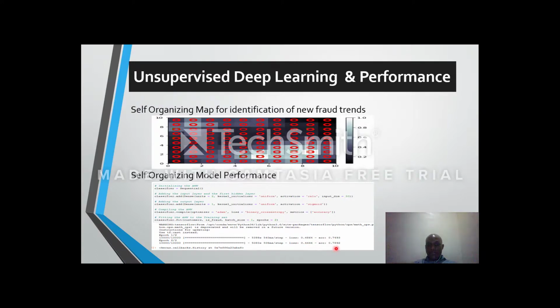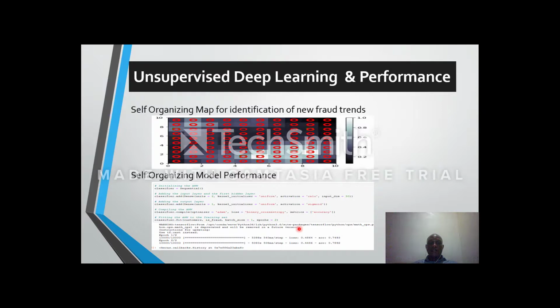And according to the performance of this particular self-organizing map, at the initial trend of 2 epochs and having a batch size as stated, we are able to achieve very close to 80% performance for this. This was due to the fact that we segmented the data that we use for this self-organizing map to 10,000 observations.